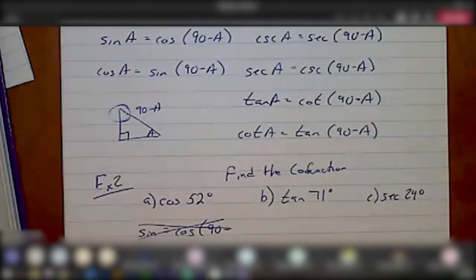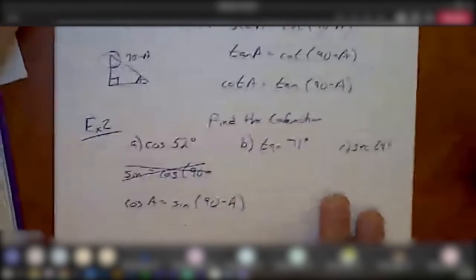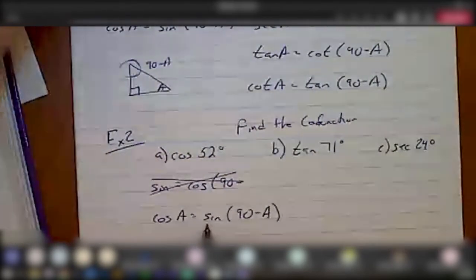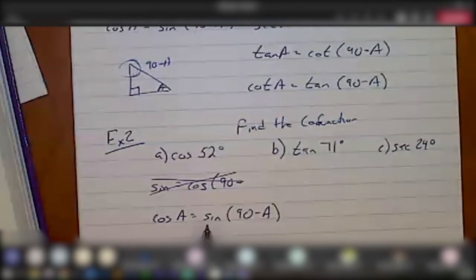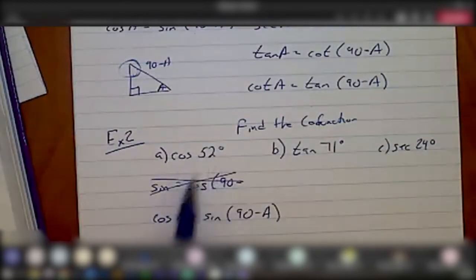I know what cosine is. My bad. I don't know what sine is. So cosine of angle A equals sine of 90 minus angle A. Oh, I'm off the paper. So I'm using cosine to find sine.